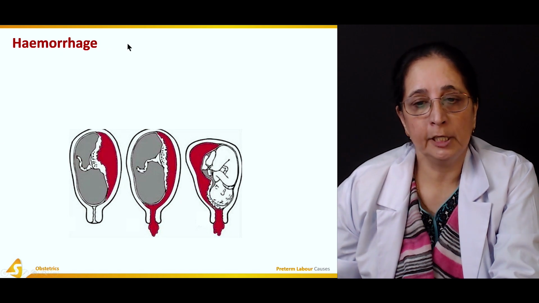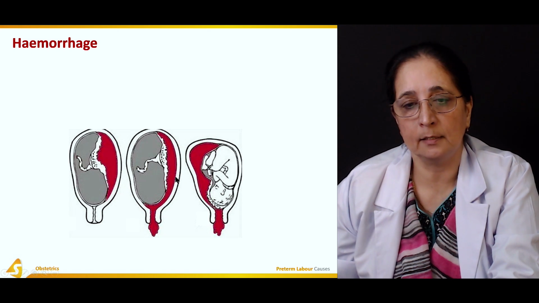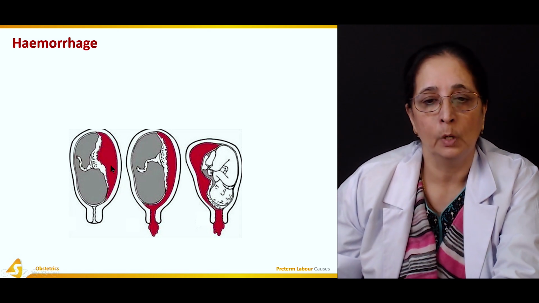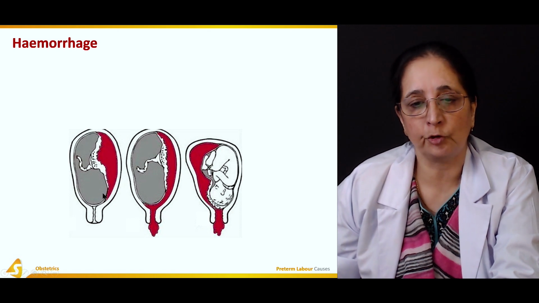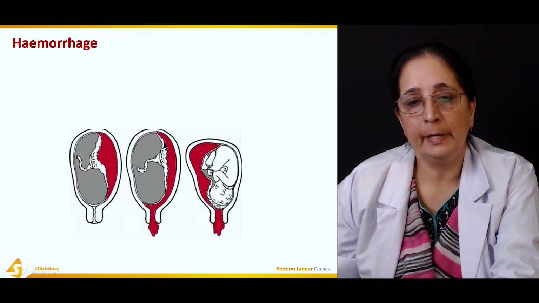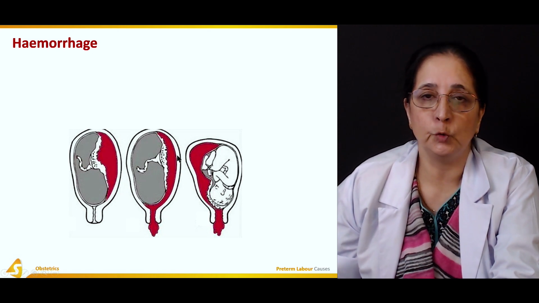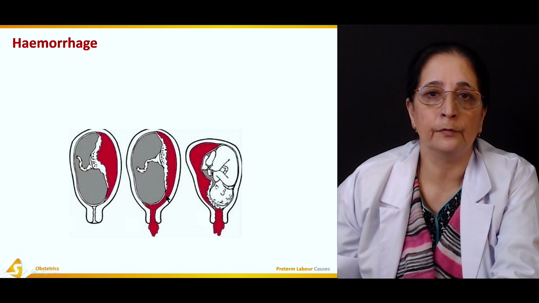Then the hemorrhages, these are the hemorrhages that occur as a result of abruptio placenta. When the placenta is separated from the uterine wall, there is accumulation of blood behind the placenta and in front of the uterus.